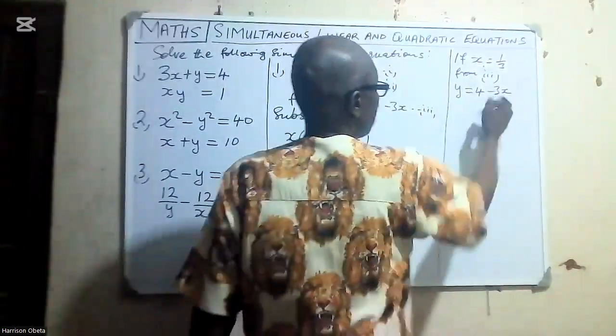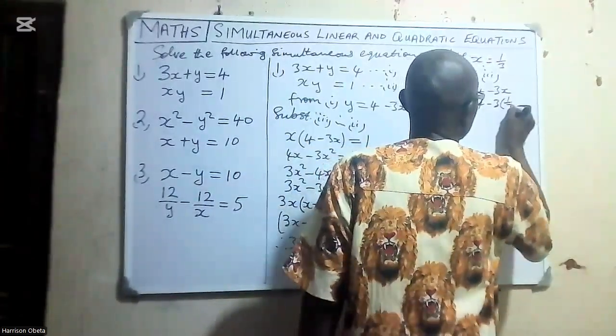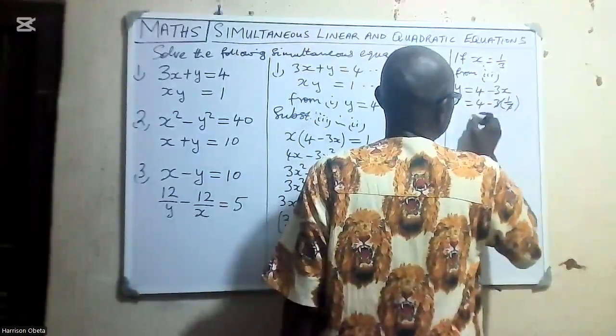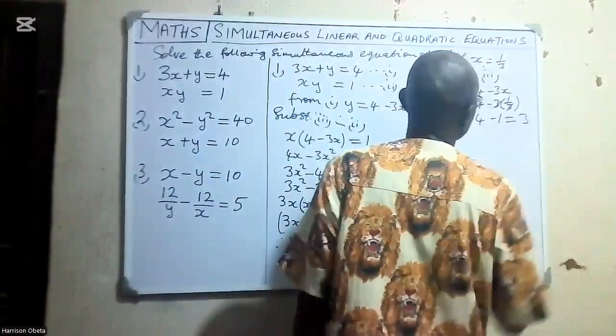And that means we have to replace, that will give us 4 minus 3 brackets 1 over 3. So divide, that will be 4 minus 1, and that is 3.